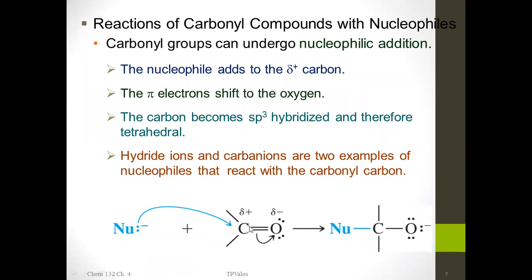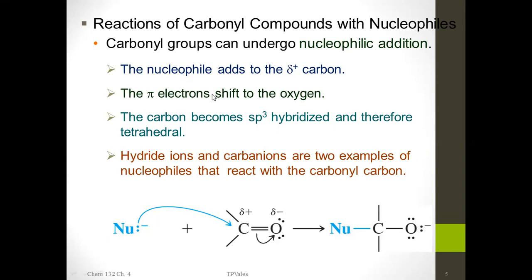Here, for example, in the carbonyl group, it's always the carbon that bears the partial positive charge. So the nucleophile will always seek a partially positive carbon. And when this nucleophile attacks the carbon here, the pi electrons of the bond between carbon and oxygen will be converted back into unshared electrons, so from 2 unshared electrons you get 3 unshared electrons on oxygen and a negative charge on the oxygen atom.